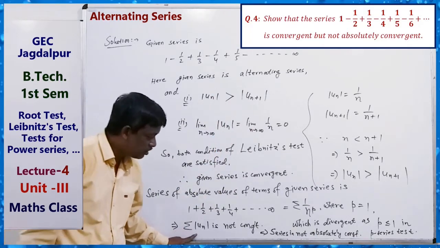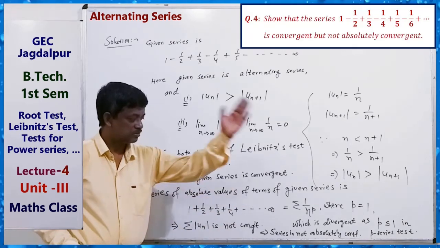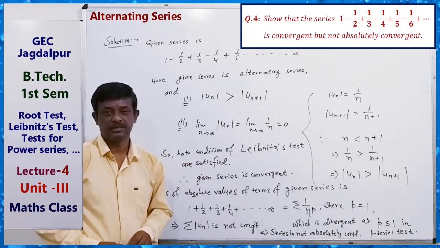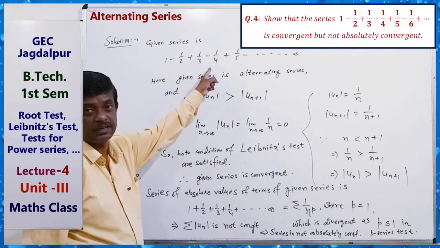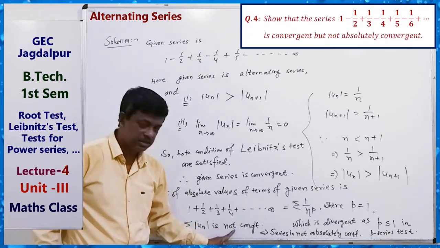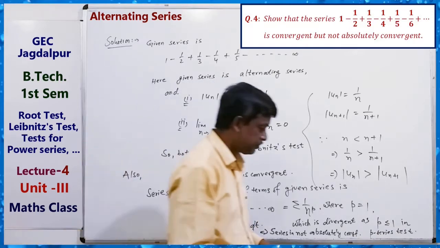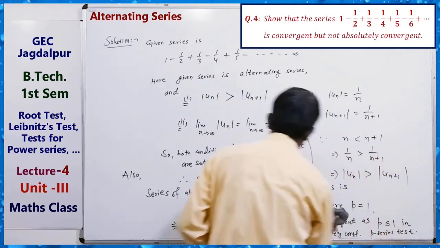Because this is divergent, the series is not absolutely convergent. The series is convergent, but its absolute series is not convergent. That is a conditionally convergent series, not an absolutely convergent series. Okay.